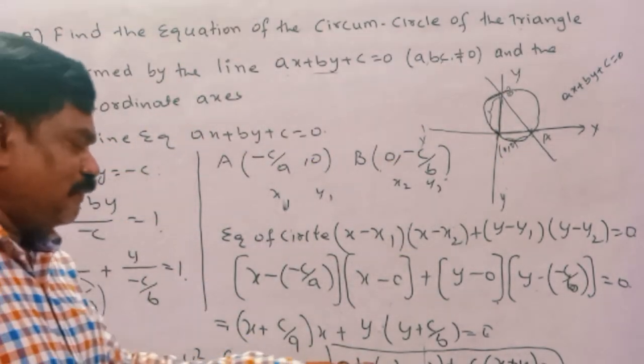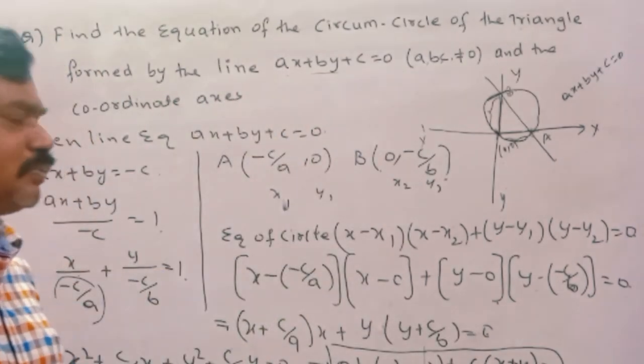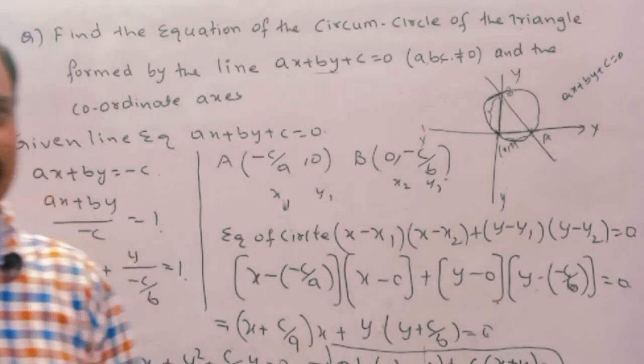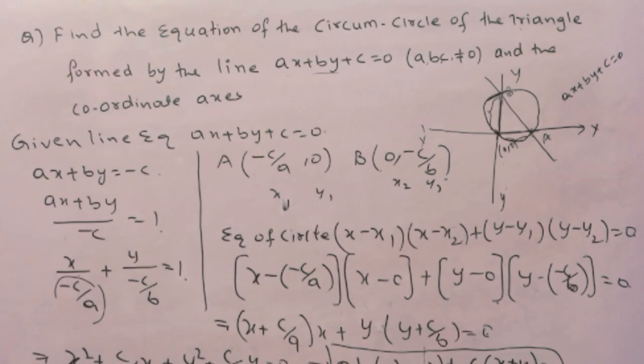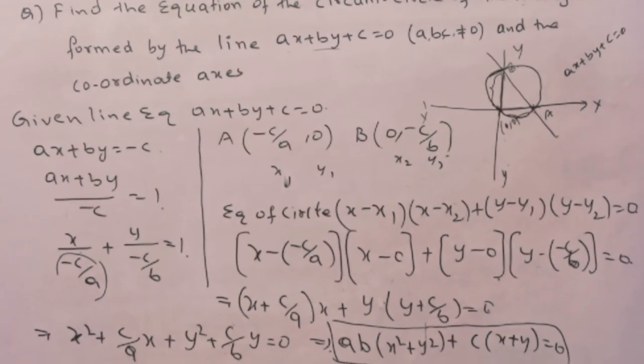Okay, all of you, this is the circumcircle equation formed by the line ax plus by plus c equal to 0 and the coordinate axes.